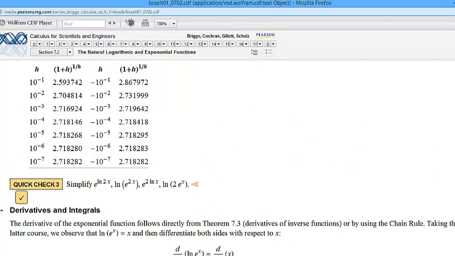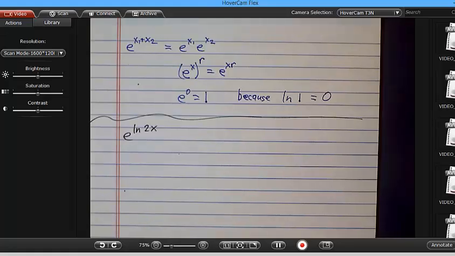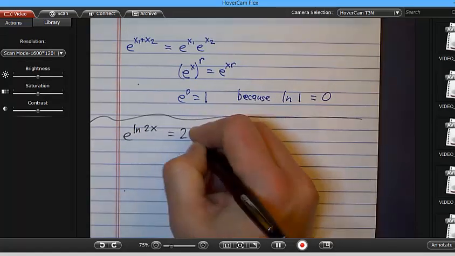That's a very good exercise. So when you have e to the natural log of 2x, I want you to understand that these functions are inverses of each other, so they undo each other. E to the natural log of 2x, that's just 2x.